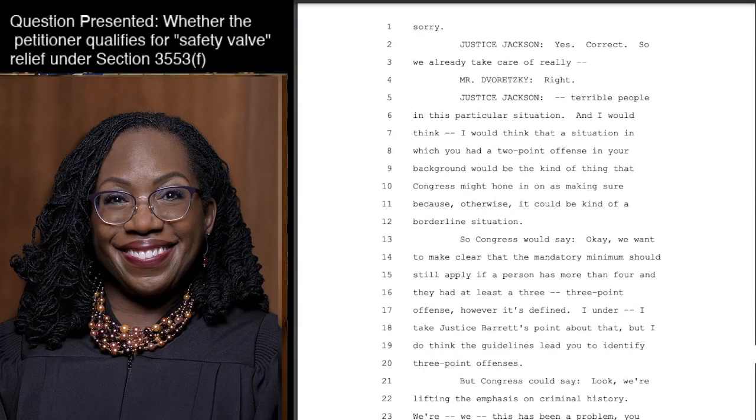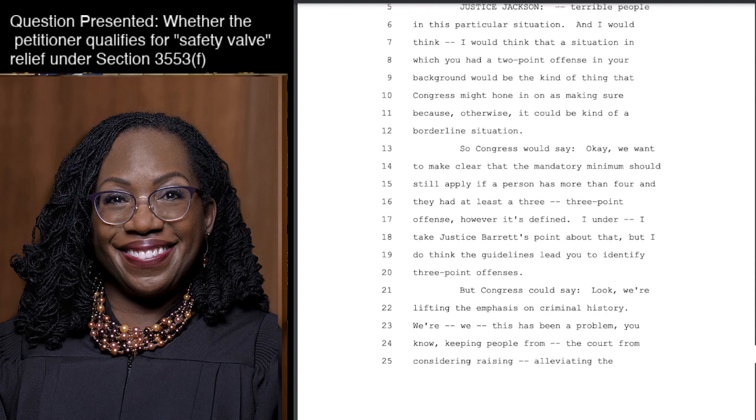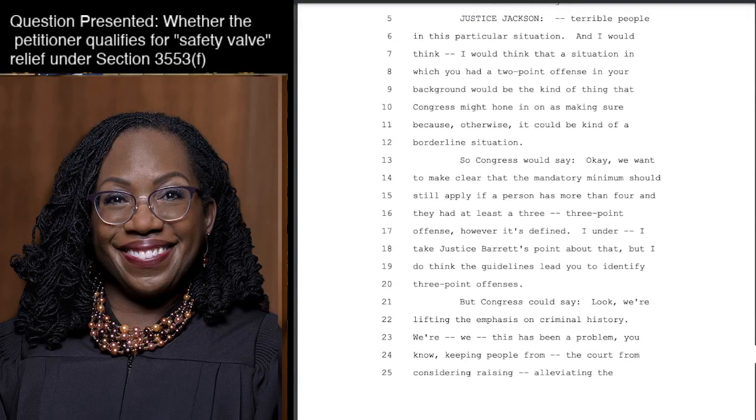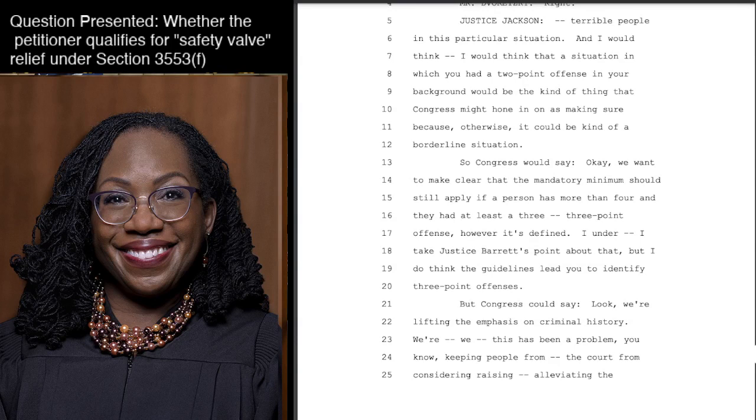And I would think that a situation in which you had a 2-point offense in your background would be the kind of thing that Congress might home in on as making sure, because otherwise it could be kind of a borderline situation. So Congress would say, okay, we want to make clear that the mandatory minimum should still apply if a person has more than 4 and they've had at least a 3-point offense, however it's defined.